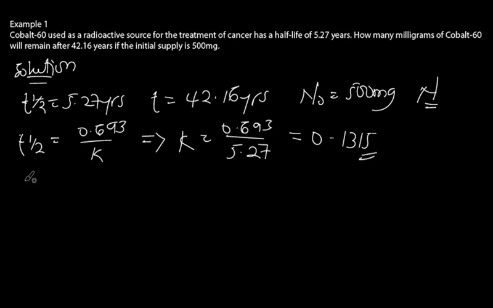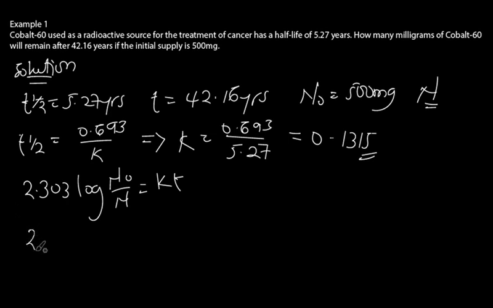Now let's use the second formula. We have 2.303 log of N0 divided by N is equal to KT. We know N0, we don't know N, we know K, and we know T, so we can simply solve.